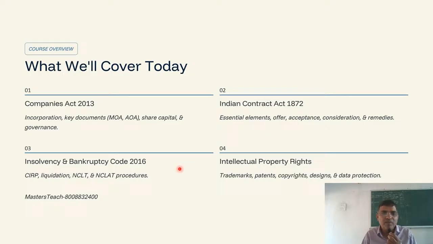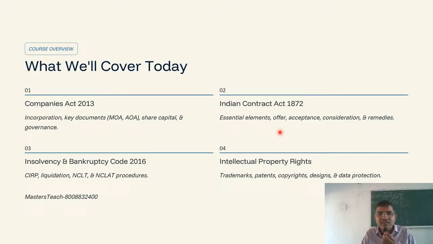We'll discuss the Companies Act 2013. In that, we'll discuss the incorporation, key documents like Memorandum of Association and Articles of Association, share capital and governance, and the Indian Contract Act 1872.